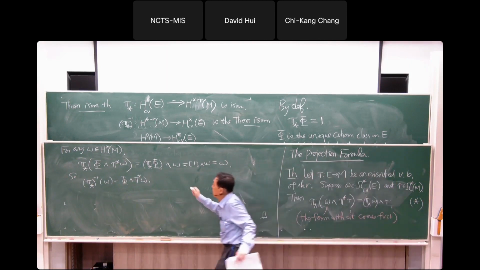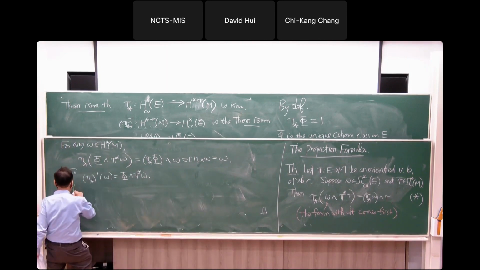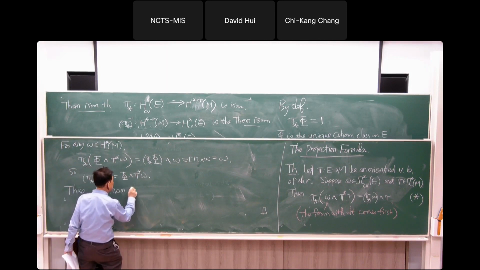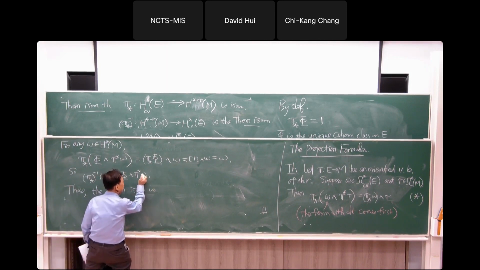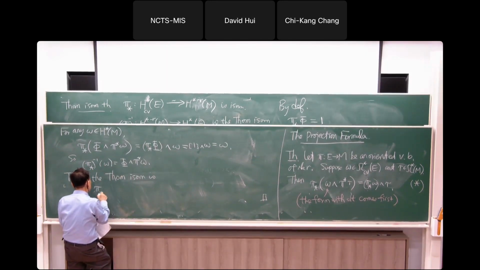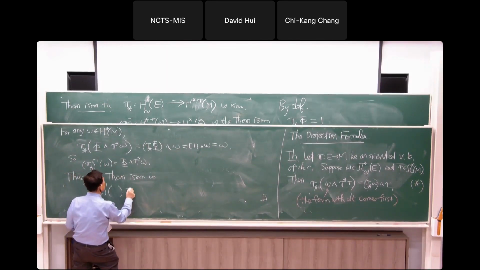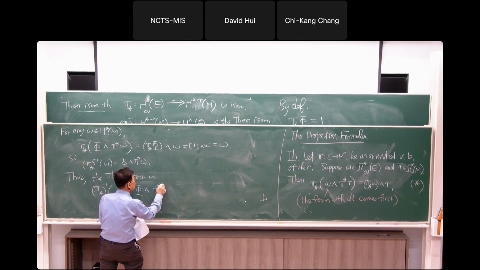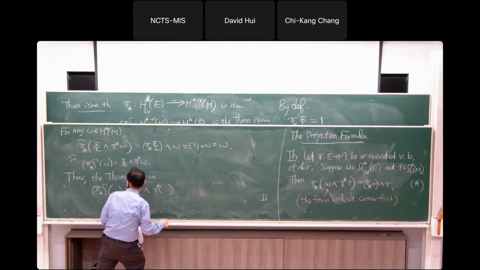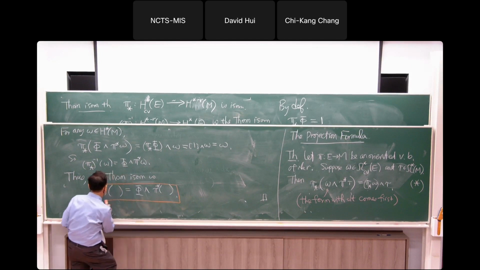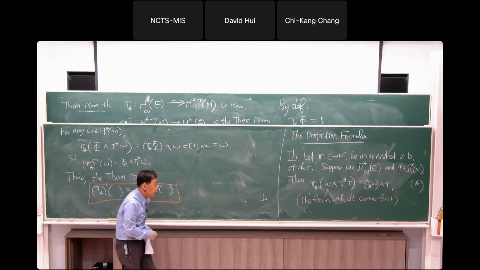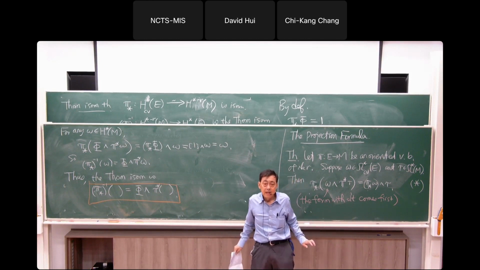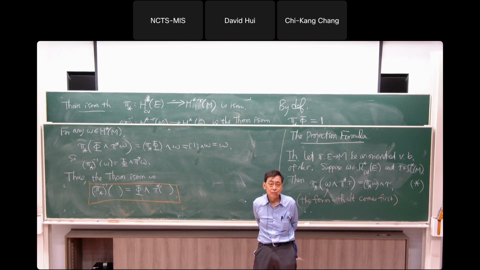It's π lower star inverse is the Thom class wedge with the pullback. All right. So you have an explicit formula for the Thom isomorphism. Okay, so we'll stop here today.